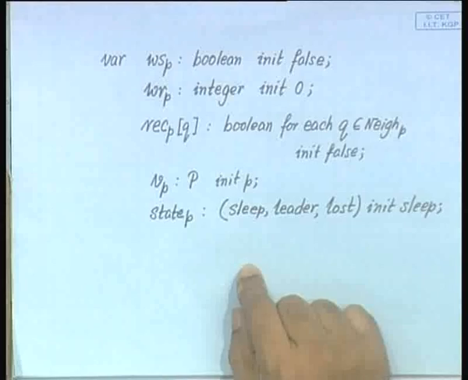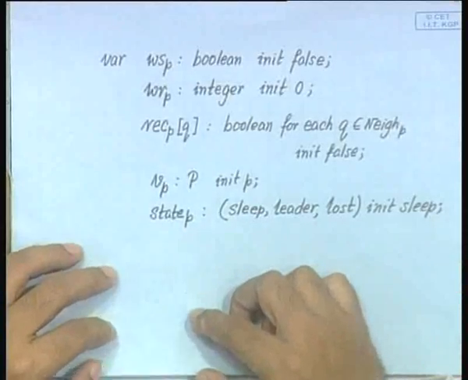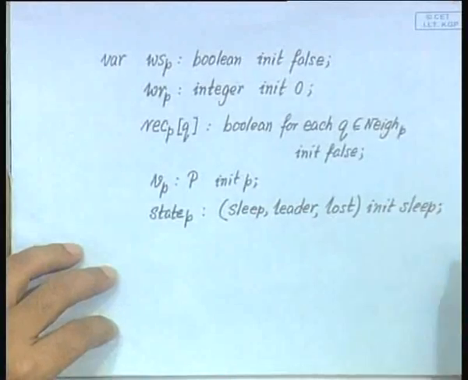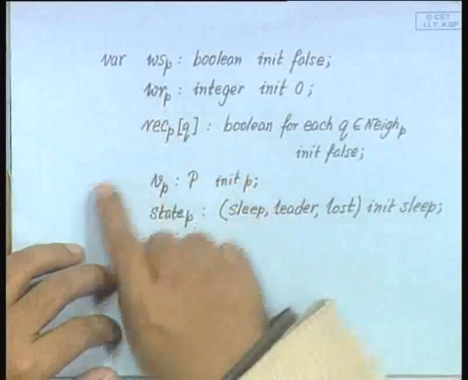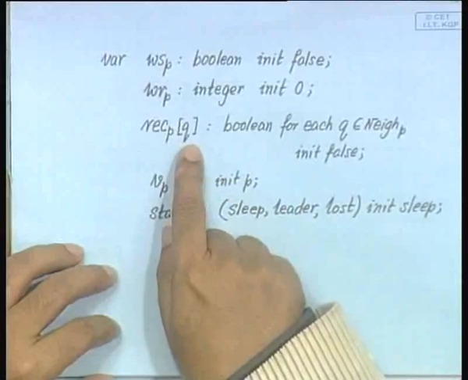So, I had written down these in the last class. The algorithm uses these variables WSP, WRP, and then there is an array of variables.